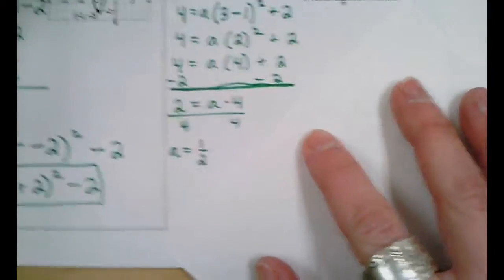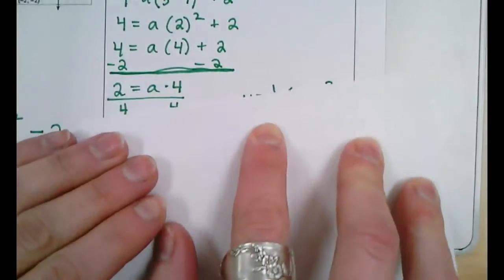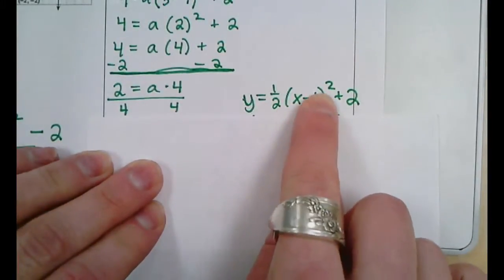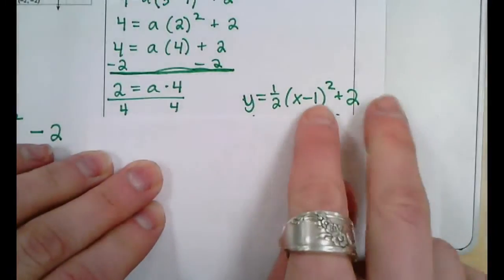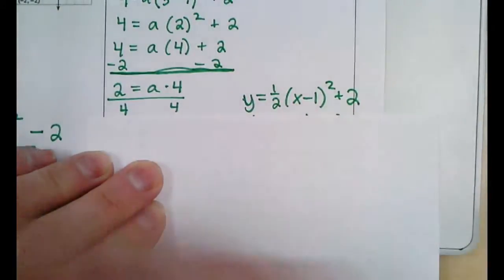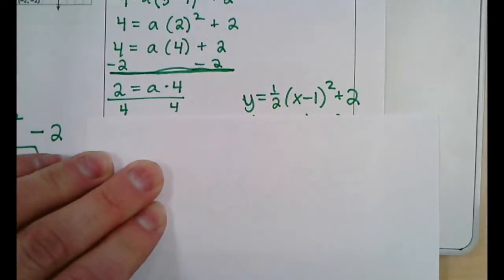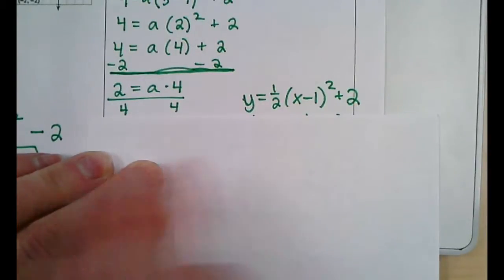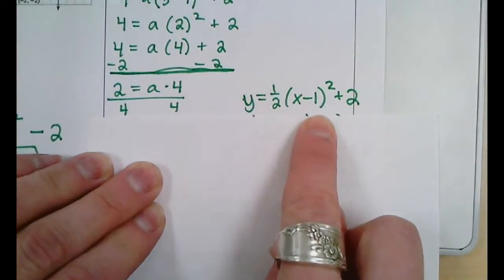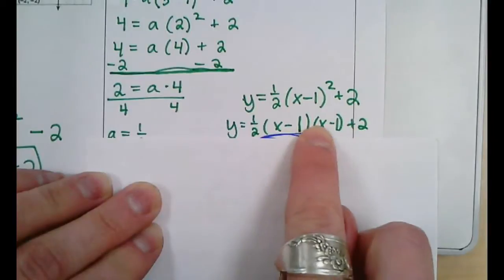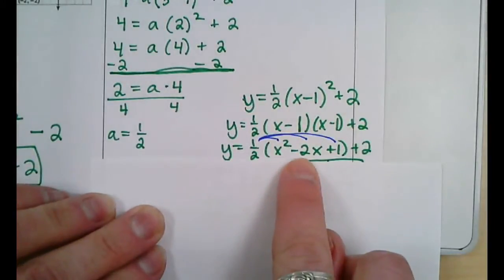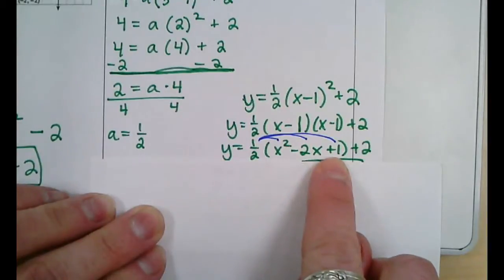All right, so then I plugged it into my equation as y equals 1/2, x minus 1 quantity squared plus 2, my h and my k, and my value of a. This would be done if I only needed vertex form, but I needed standard form. So I multiplied out x minus 1 quantity squared as x minus 1 and x minus 1, and got x squared minus 2x plus 1.